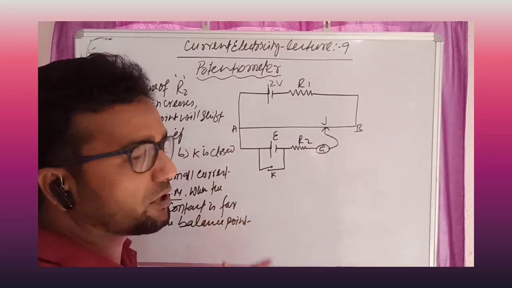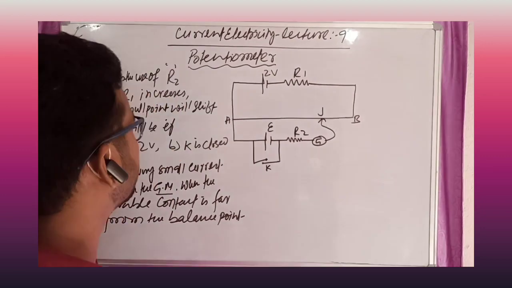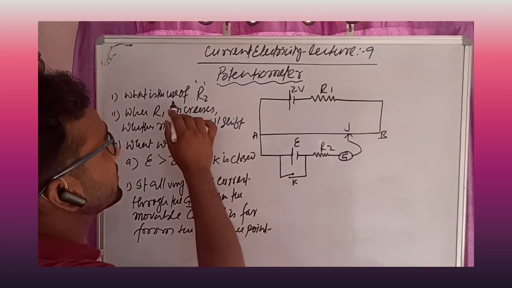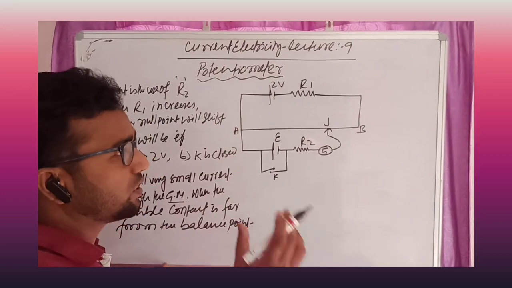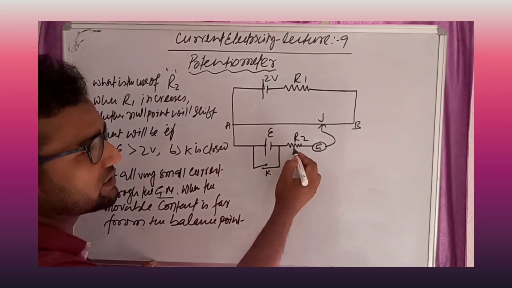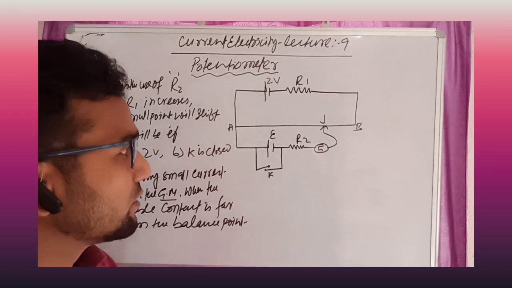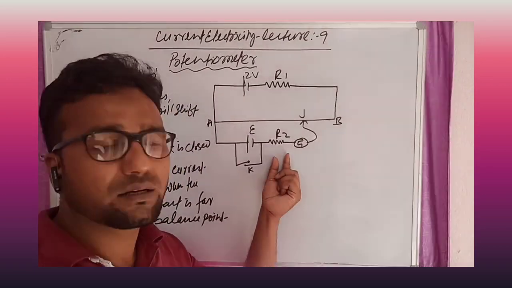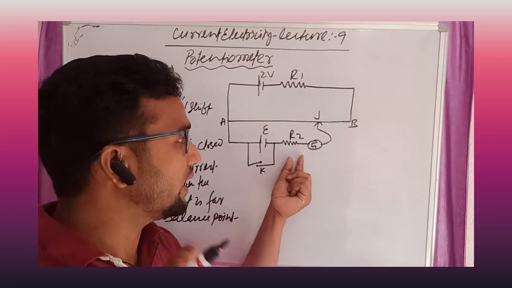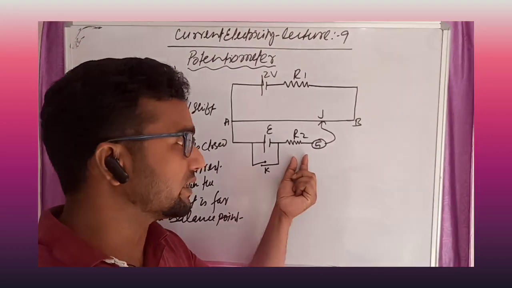Now in this type of numerical, it may be asked: what is the use of R2 here, what is the purpose of using the high resistance R2 here? First question is why R2 is used here?